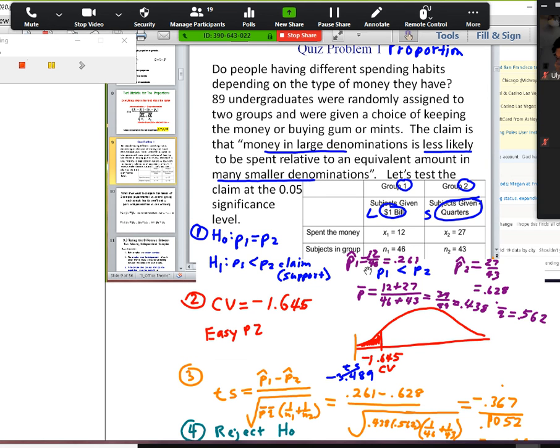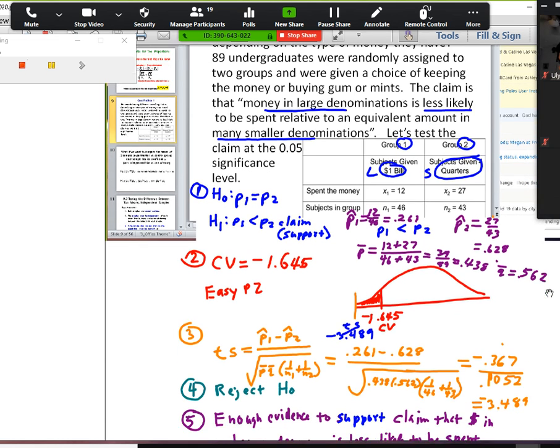So 12 out of 46, 0.261 is my P hat 1, and P hat 2 is going to be 27 out of 43, 0.628. And then my P bar, my total successes, 12 plus 27 over my total number of people, 46 plus 43 down here. So that's 39 over 89, 0.438. So then my Q bar is 1 minus that, 0.562. Okay, so those are the numbers you needed.